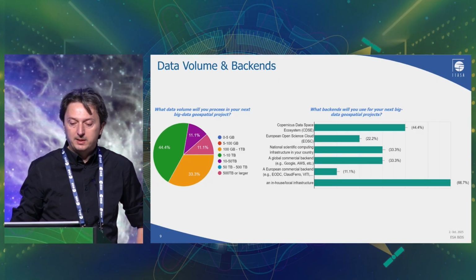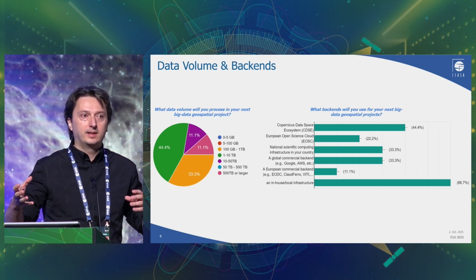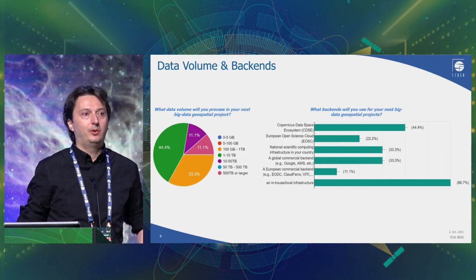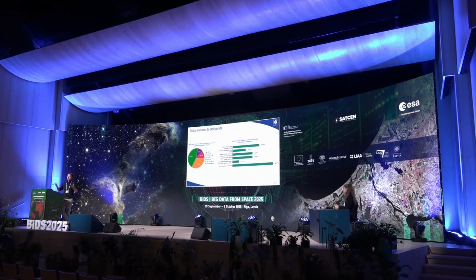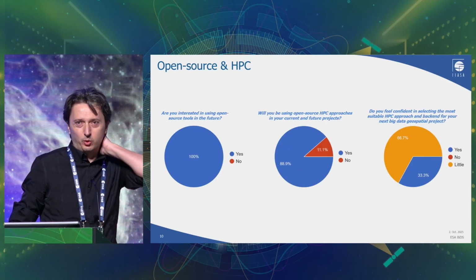Also, another interesting aspect of this result is that looking at the European initiatives, they are more towards combined or umbrella initiatives like CDSE than going to individual European commercial backends. That's also quite interesting.